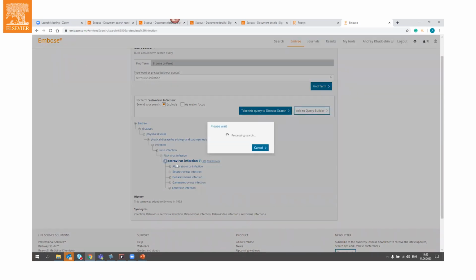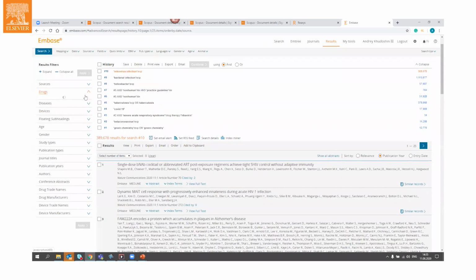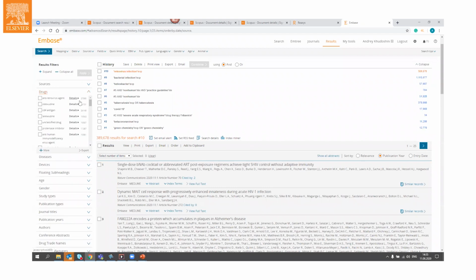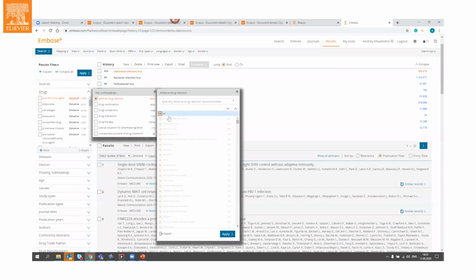For example, let's go to retrovirus infection. Let's find some drugs over there and try to see if there is some adverse drug reaction. So for antiretrovirus agents in general, we have more than 5,000 articles about adverse drug reaction.